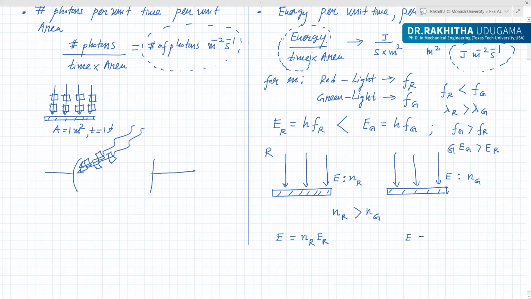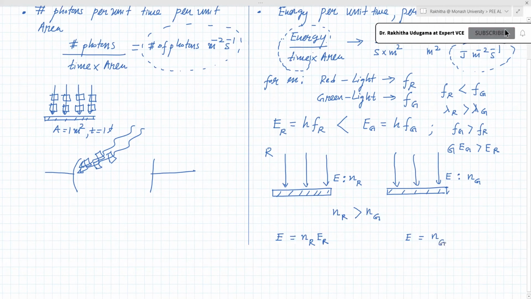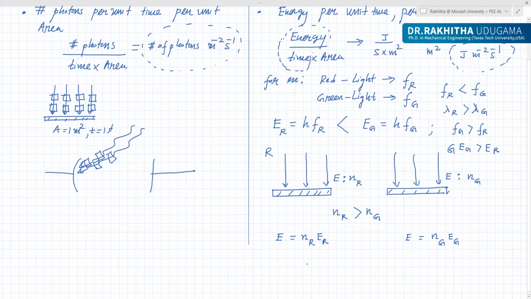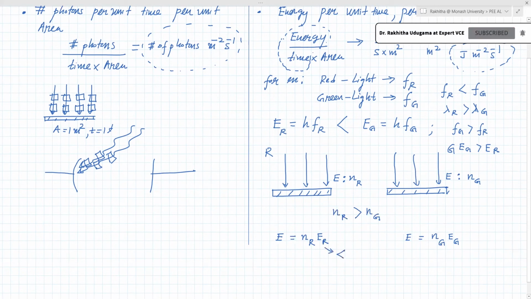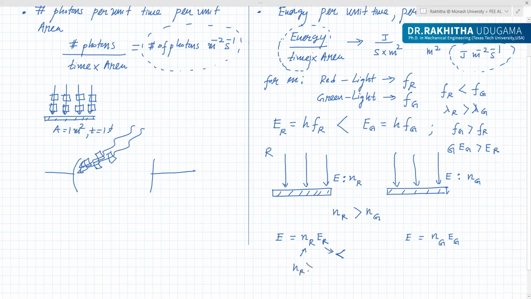Same intensity, that means same total energy, but I should be able to write N_G E_G. Now to have the equality, we know that E_R is lesser than E_G. So then N_R should be greater.